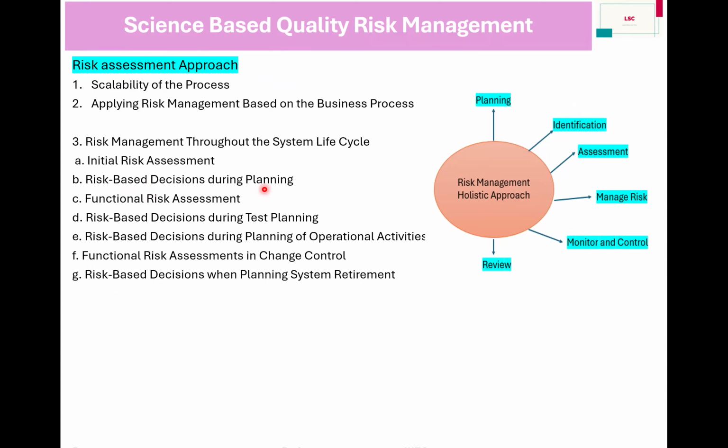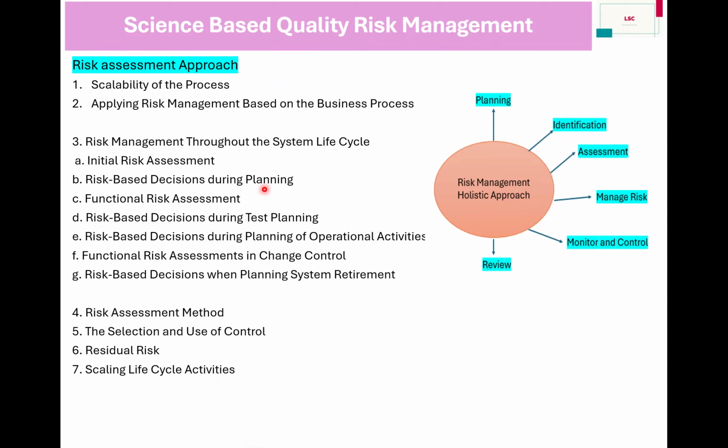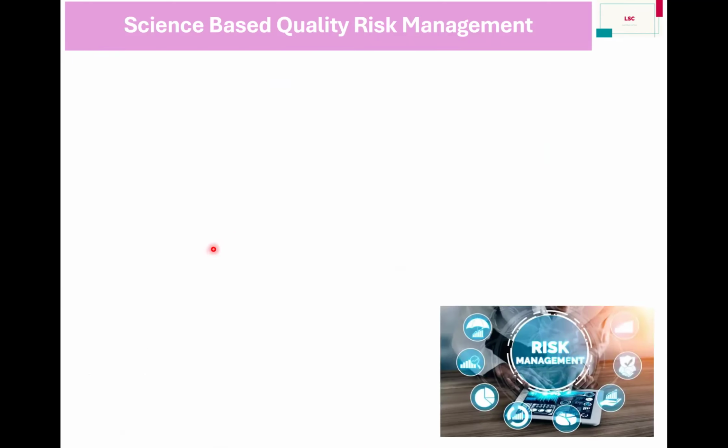Then risk-based decision when planning system retirement, risk assessment method, then the selection and use of control, and then residual risk, then scaling life cycle activities, and risk communication and documentation. And the 9th is the risk management of outsourced activity.